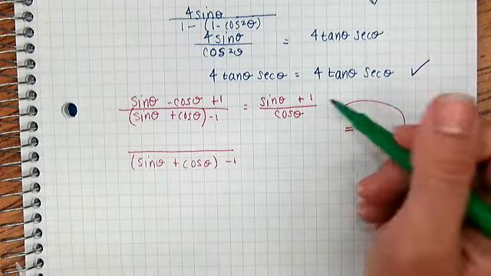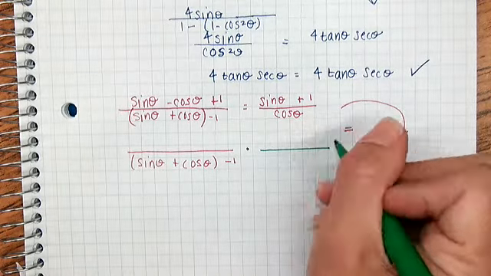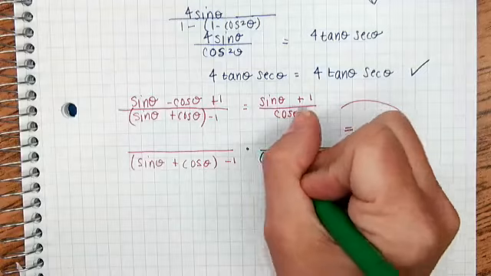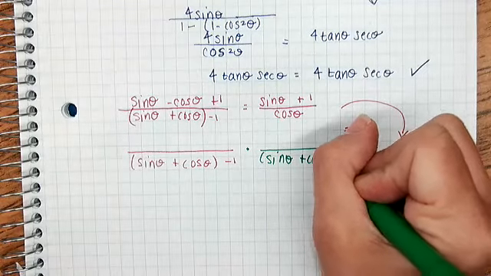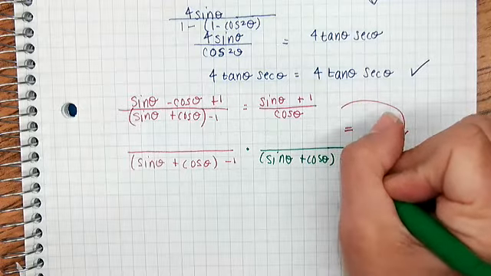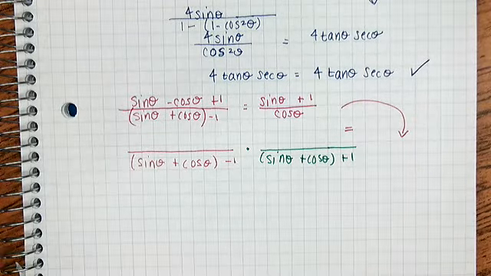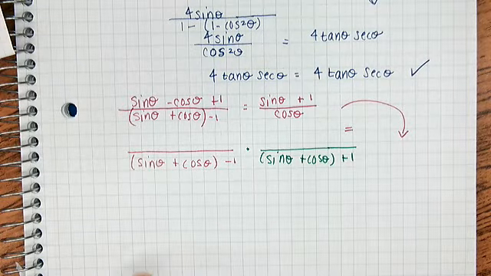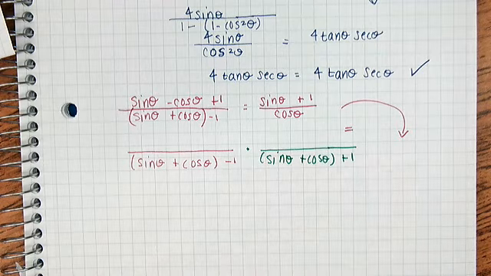I only want a few terms. So I decided to multiply that by sine theta plus cosine theta plus 1. So now I have like x minus 1, x plus 1.